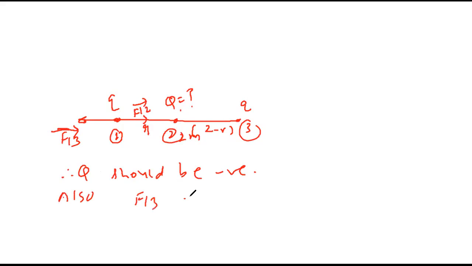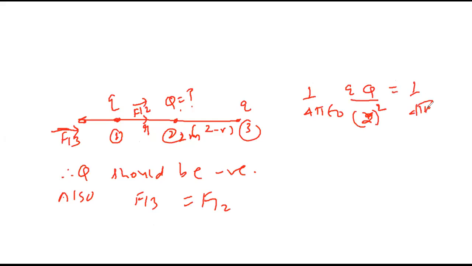Also, magnitude of F13 should equal F12. So F13 is 1 upon 4 pi epsilon naught, q into Q upon r square, and F12 is 1 upon 4 pi epsilon naught, q into q upon 2 square. The 1 upon 4 pi epsilon naught cancels. So Q upon r square equals q upon 4.